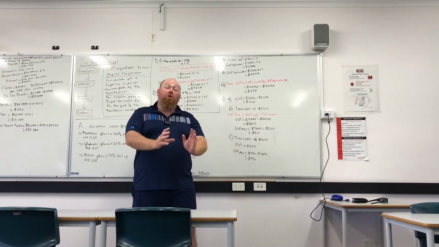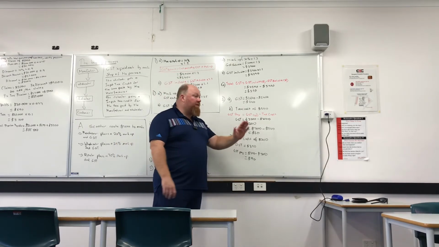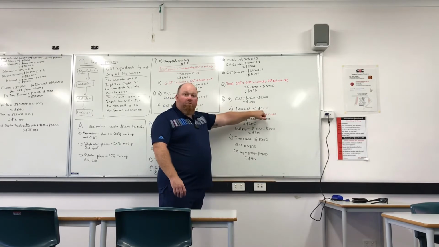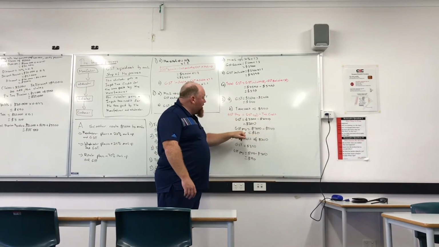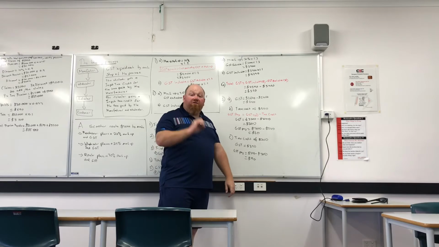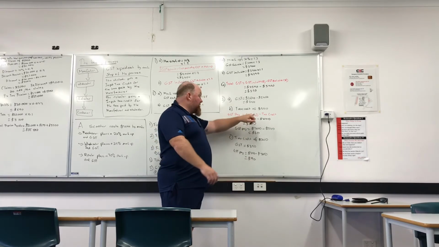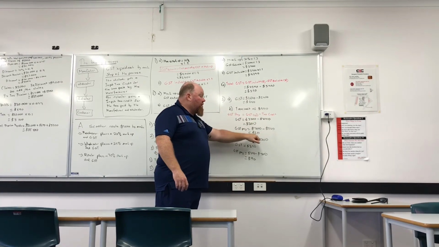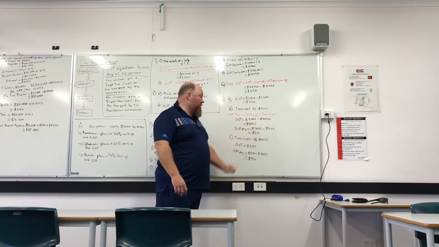So $300 of total GST is being paid on this at that step. But we take off the $240 that's already been paid, and the wholesaler only needs to pay $60 worth of GST. A tax credit of $240, a bill of $60, making the $300.